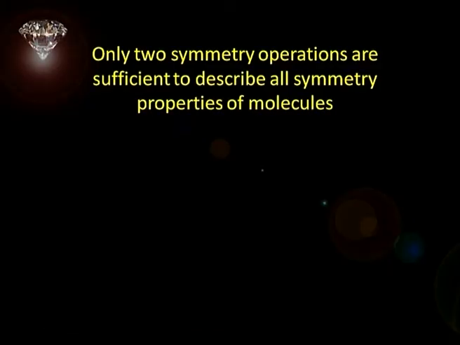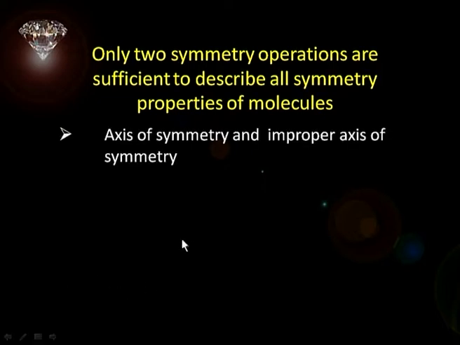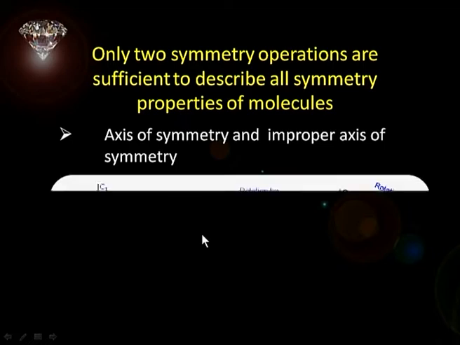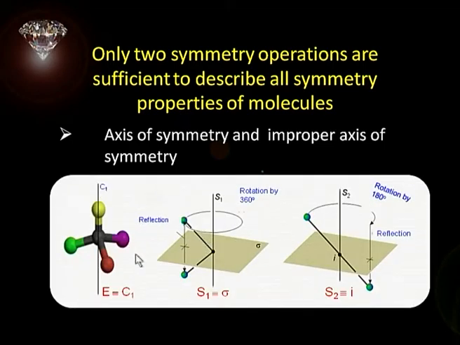Now, out of these 5 symmetry operations, there are only 2 which are important to describe all the symmetry properties of molecules, and these 2 are the axis of symmetry and the improper axis of symmetry. What it means is that all the other symmetry operations can be equated to these.